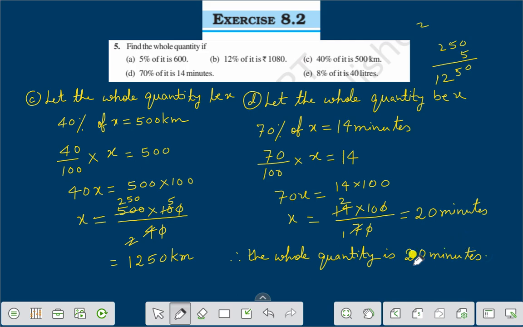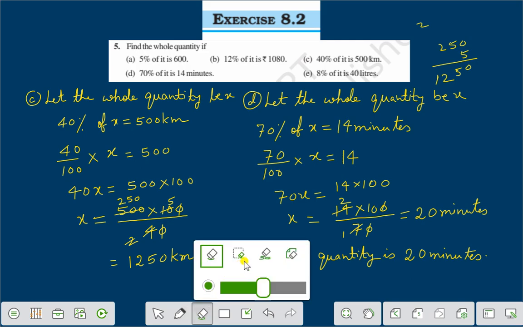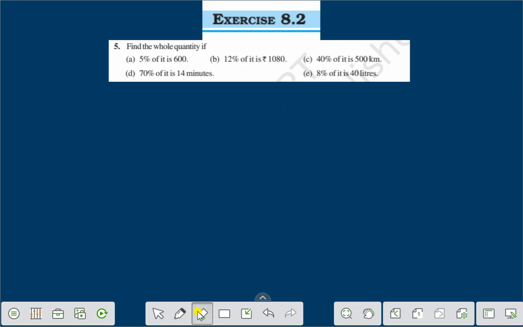Now we solve question number E. Question number E is 8% of it is 40 liters. Let the whole quantity be x.